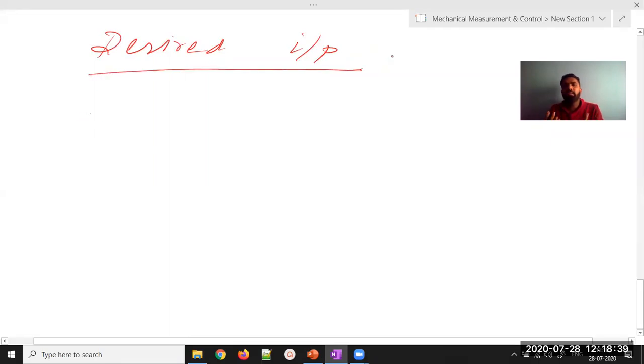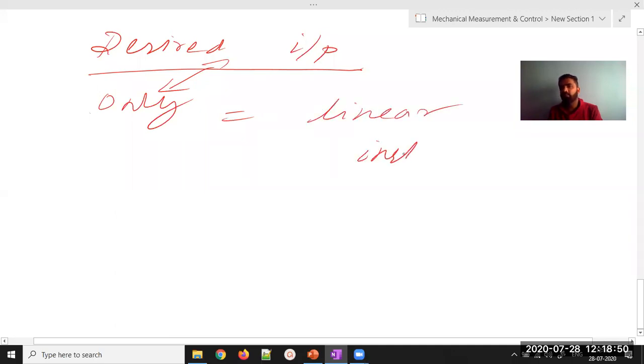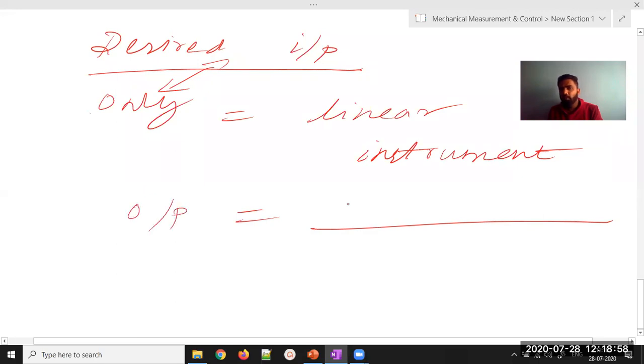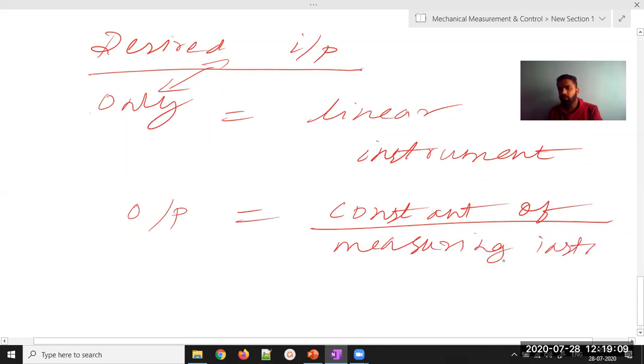That means I am getting only the desired value, so I am very sure that my instrument is linear in nature, because I can find the value of output based on the constants of the measuring instrument. So this was the basic thing that I wanted to explain.